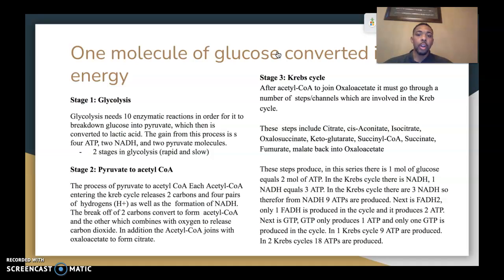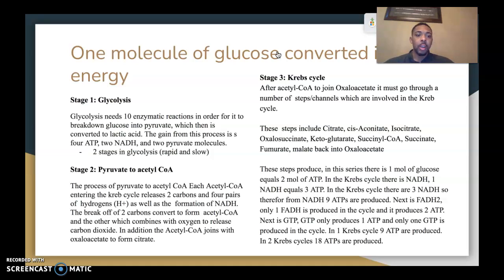And since there are 2 pyruvate molecules from glycolysis, this process has to happen twice. So the production within the Krebs cycle is NADH, and 1 NADH is equivalent to 3 ATP. So in the Krebs cycle, there are 3 NADHs, so therefore from NADH, there are 9 ATPs produced.